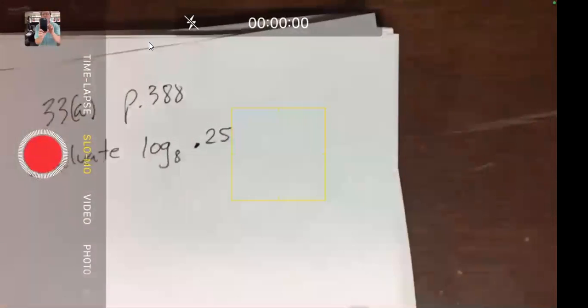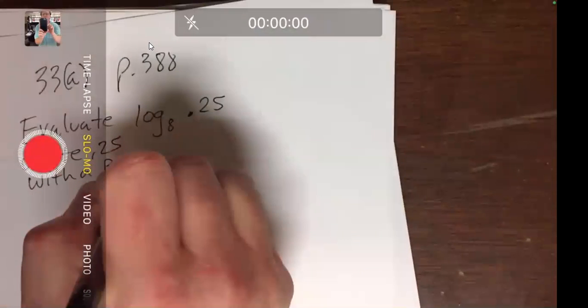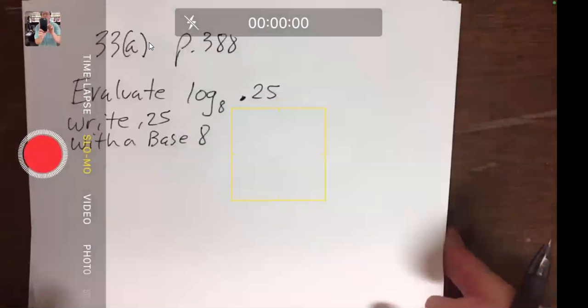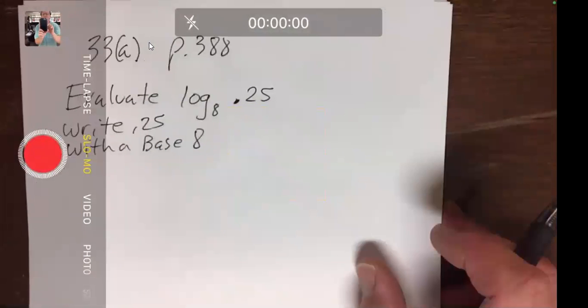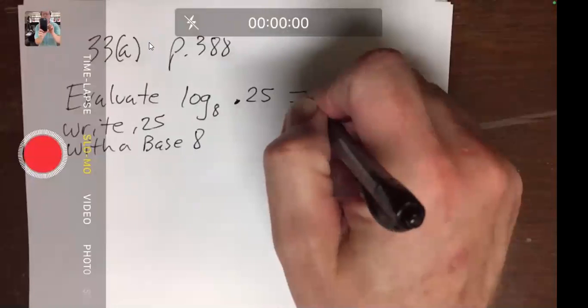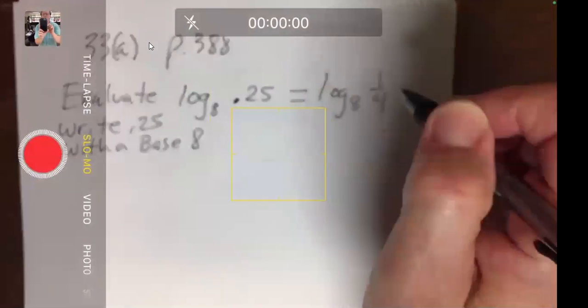So you've got to write it with a base 8. It's not exactly obvious how to do that right off the bat. So you basically sub in stuff you already know, and hopefully you can get there. That would be log base 8 of 1/4, since 0.25 is 1/4.